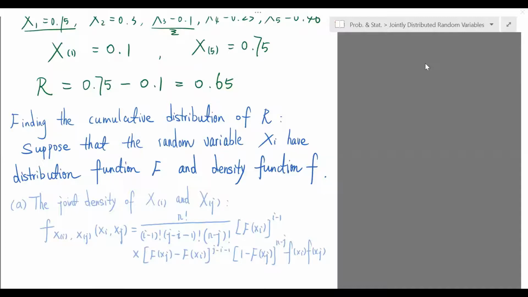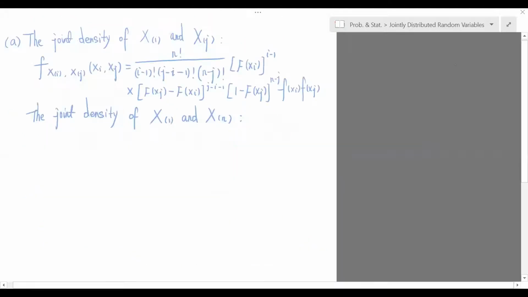This formula could be obtained by integrating the joint density function of the whole collection of order statistics. The approach is the same as the one that we used to find the density function of just the ith order statistic in one of the previous videos. When we apply this general formula to the first and the last order statistic, the expression becomes rather simple.